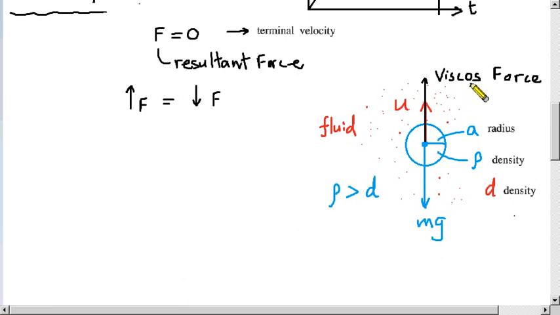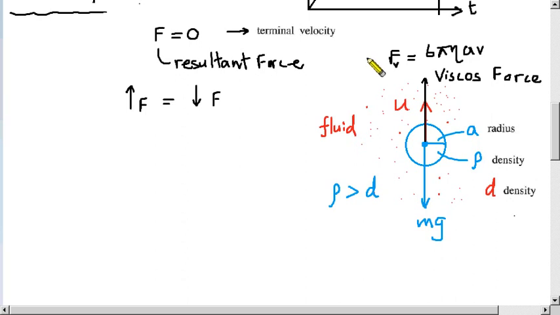So what is this viscous force? It is given by Stokes law. You learn it in the lesson on viscosity, Stokes law. Viscous force is equal to 6 pi eta a v, where the radius is a.